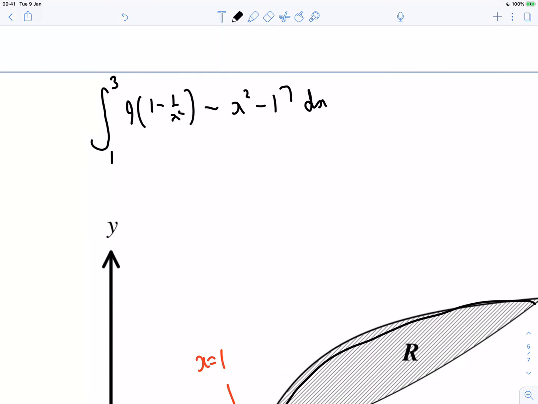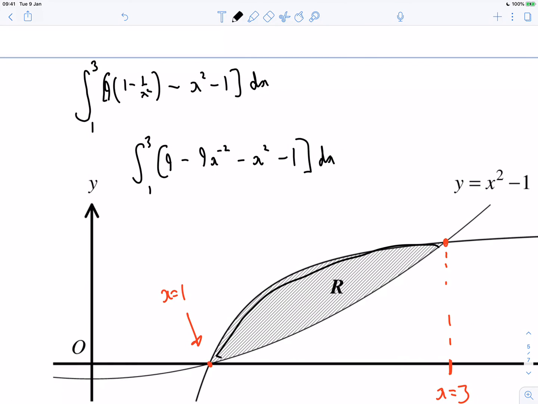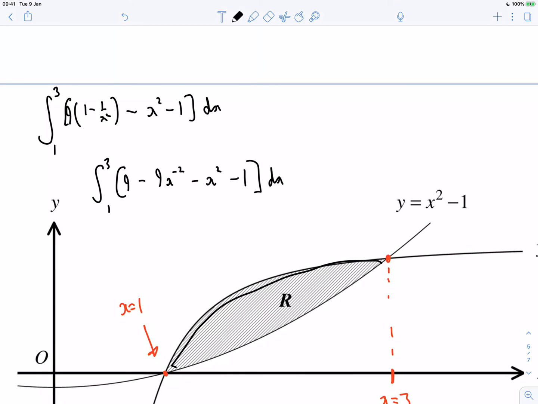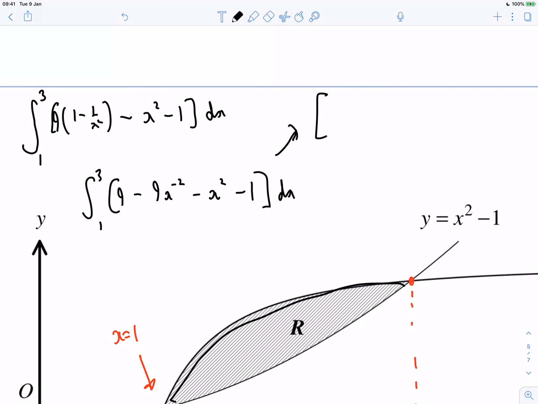Okay, so let's tidy this up first. So it's the integral from 1 to 3 of 9 minus 9 times 1 over x squared, which is x to the minus 2, minus the x squared minus the 1, dx. Okay, so when we integrate this, well, 9 minus 1 is 8, so 8 becomes 8x.